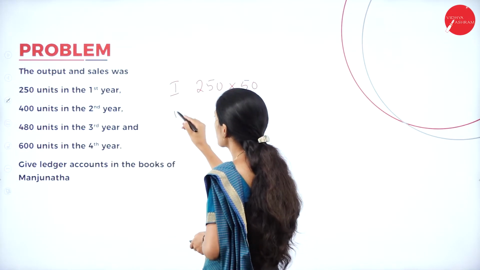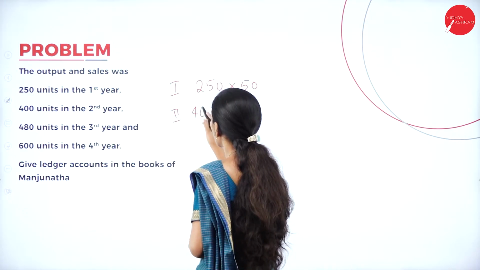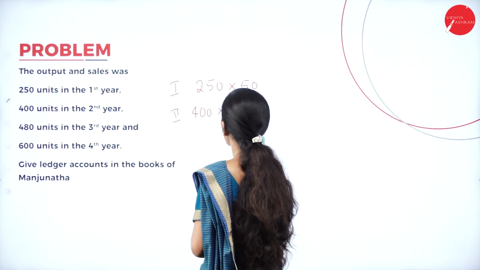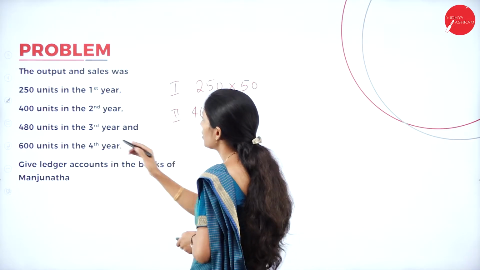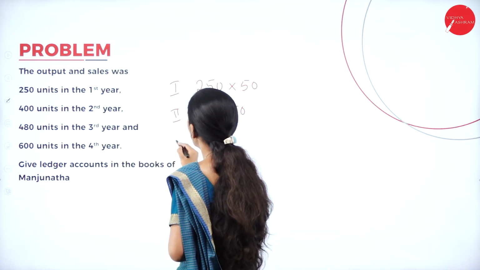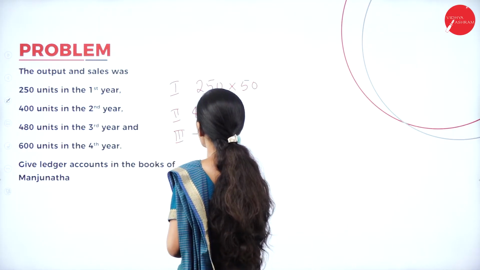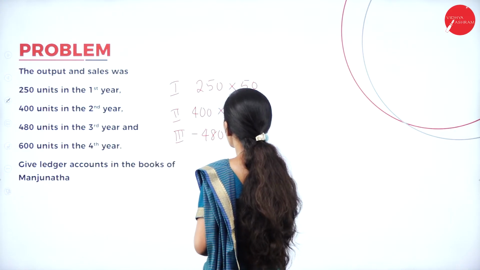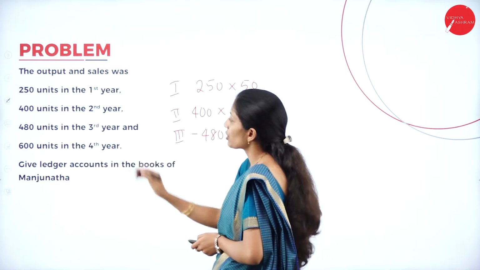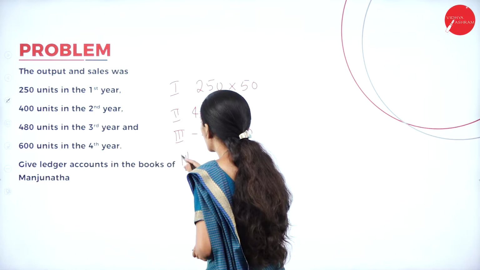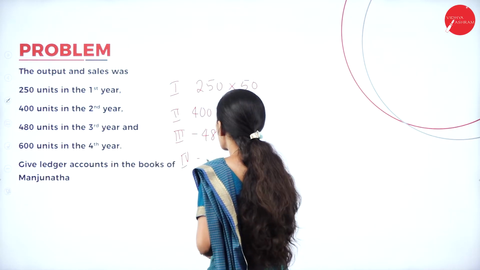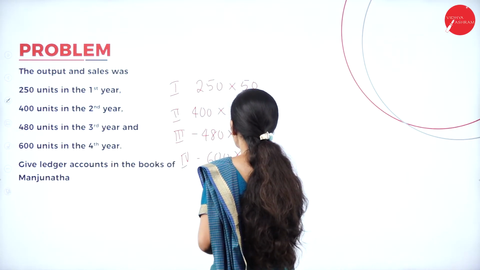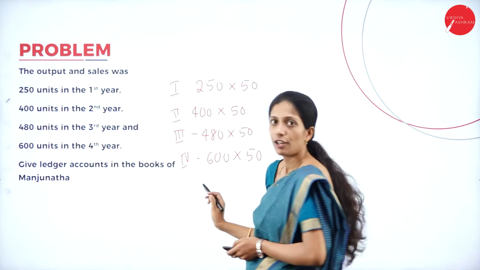Second year it is 400 units into 50. Next, the third year is 480 units into 50. Next, the fourth year is 600 units into 50. So this will be the royalty.